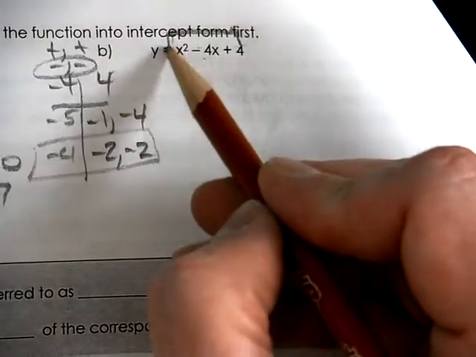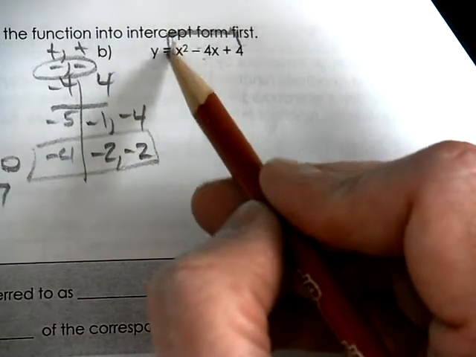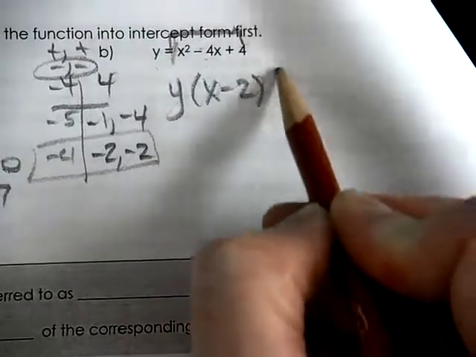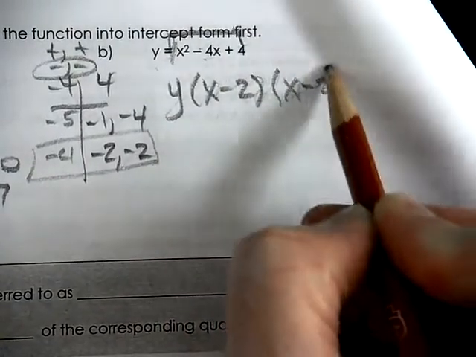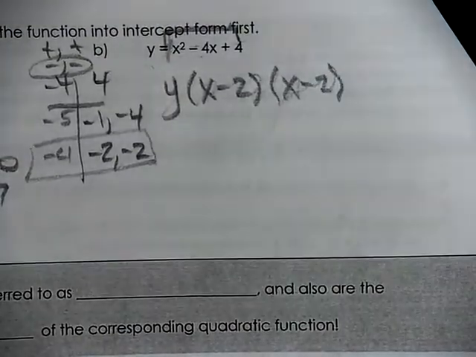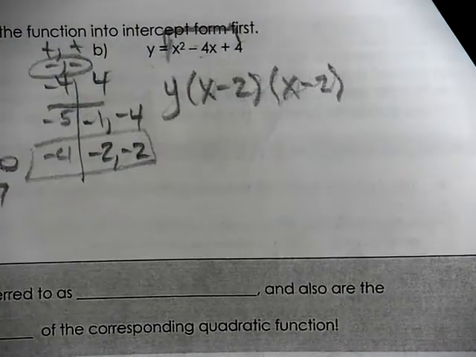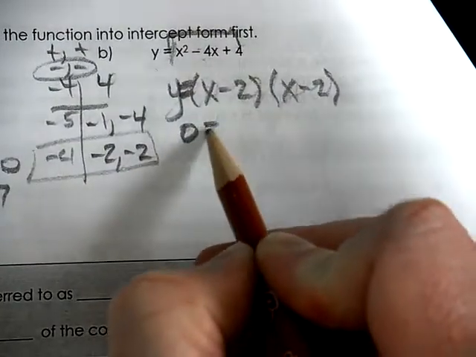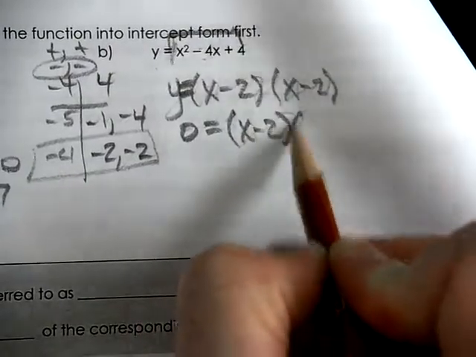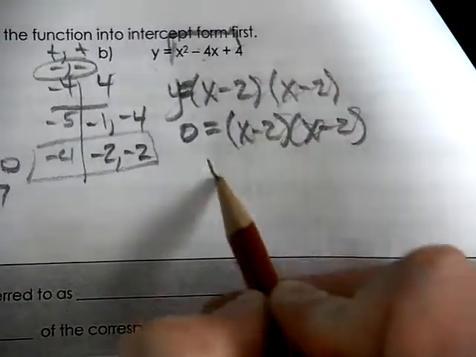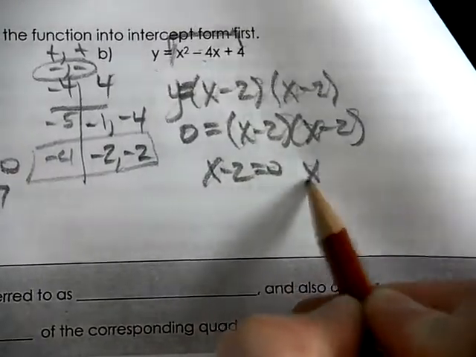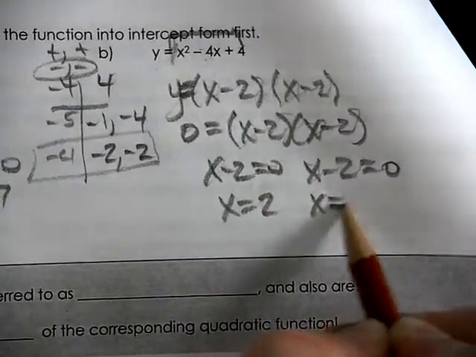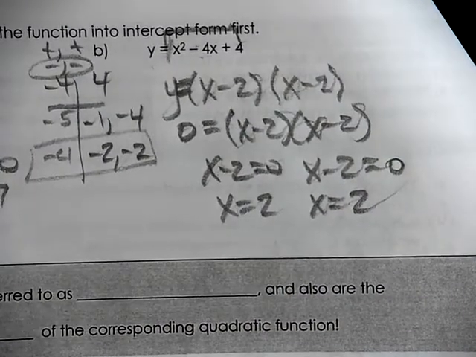So because the leading coefficient is a 1, only because it's a 1, I can go right to it and drop my factors into the parentheses. And now I'm going to say that it's equal to 0 because I'm looking for the zeros of the function. And it's x minus 2 equals 0, and x minus 2 equals 0. Well, that's going to be adding to both sides, so x equals 2.